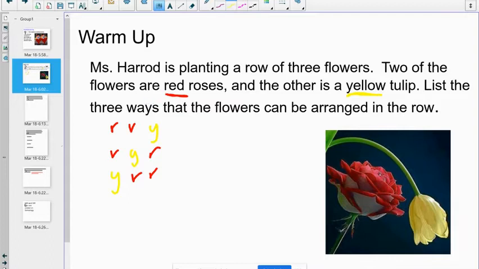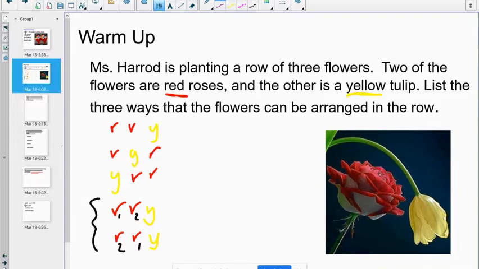Looks like those are our only 3 ways here, because this is going to be kind of similar to what we learned last week with permutations. If this was rose number 1 and rose number 2, and we started the next row with rose number 2 and rose number 1, those red roses are identical, so you cannot tell them apart.